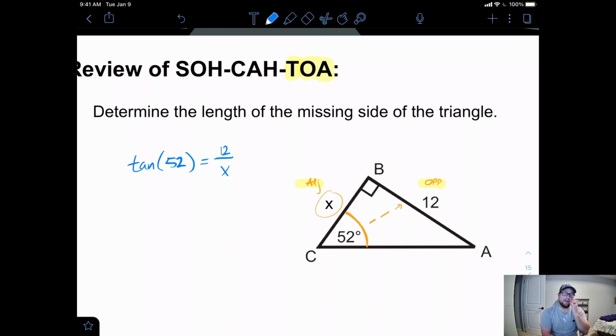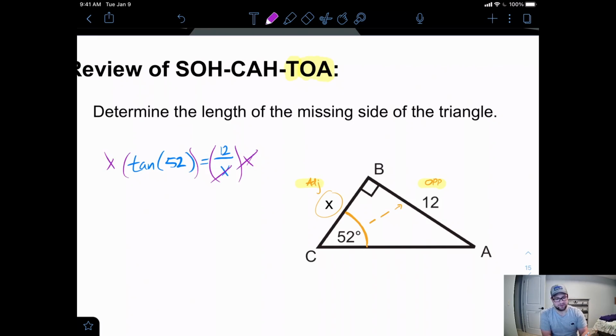Once we get this far, we want to solve this. One thing to remember is that the tangent of 52 is just a number. When you punch this in on your calculator, that's just going to give you a number. We're not going to do it just yet, but it's important to remember that it all moves together as a number would. First, let's get the x out of the denominator. We're going to multiply both sides by x.